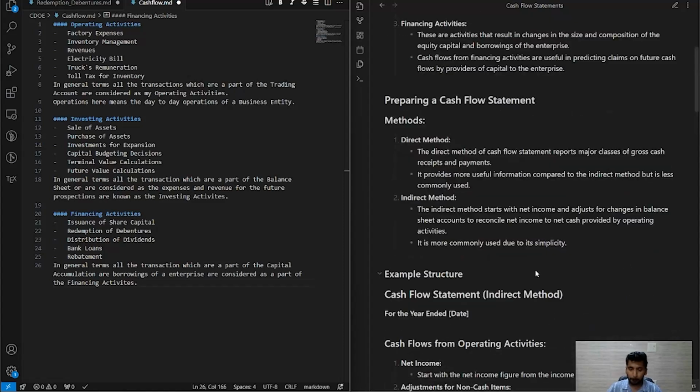Now, in order to prepare a cash flow statement, we need these three things: the operating activities, investing activities, and the financing activities. After that, we have the two methods to prepare a cash flow statement.